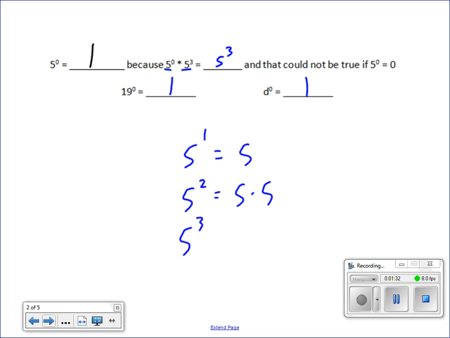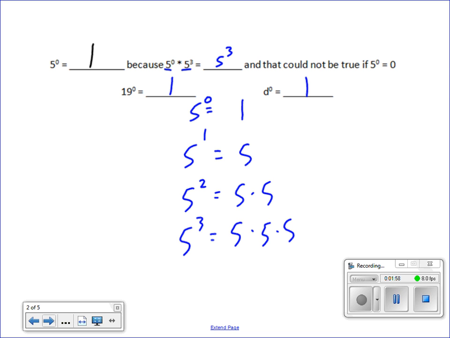Remember, when we are doing exponents, we are not multiplying by the number that is the exponent. We're multiplying by the base. So when I go 5 to the 0th power, I should not start having zeros. We have no 5s that we're going to multiply times themselves.